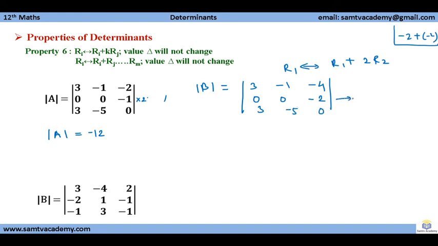Now we will expand it along r2 only, because 2 zeros are there, so it is easier to calculate. Now we will find the value of determinant b. What is this location? This is A23, second row, third column.